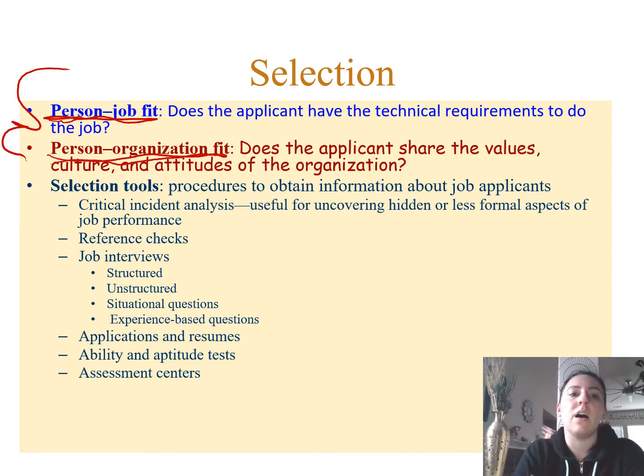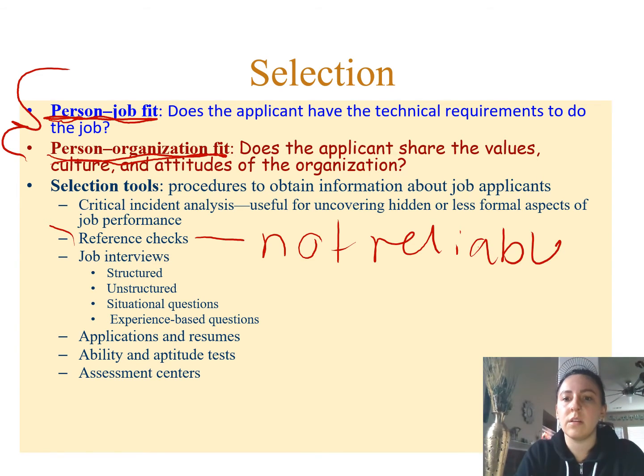So, first of all, reference checks. Not really reliable. I'm just going to say that right now. Why is it not reliable? Because you can easily tell your friend to act like they are your ex-employer and they're going to say all these great things about you when your new potential hiring recruitment officer calls them.